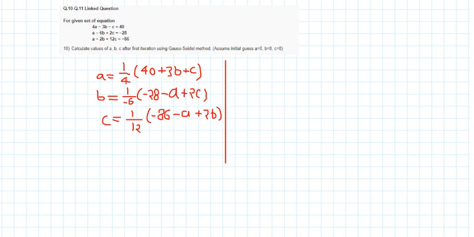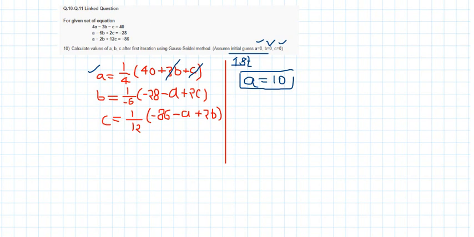First iteration. We have the values B is equal to 0, C is equal to 0, A is equal to 0 as the initial state. So we can calculate A with B0, C0, then A is equal to 10. We have A is equal to 10.